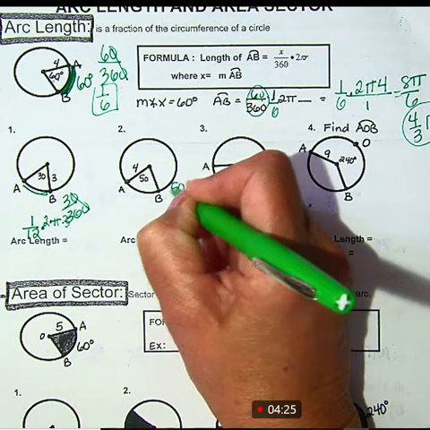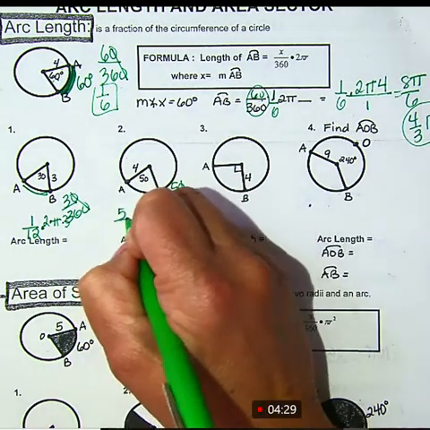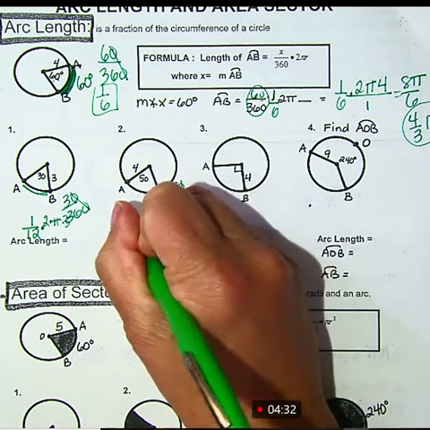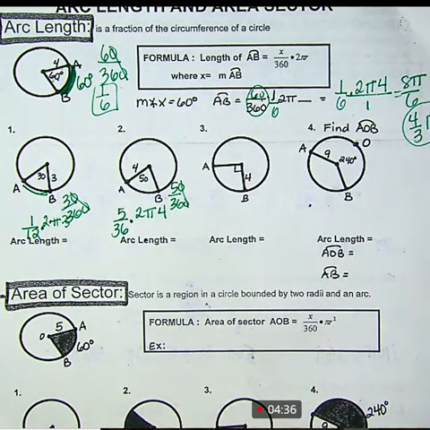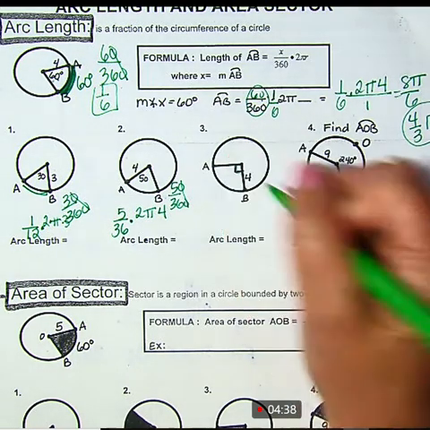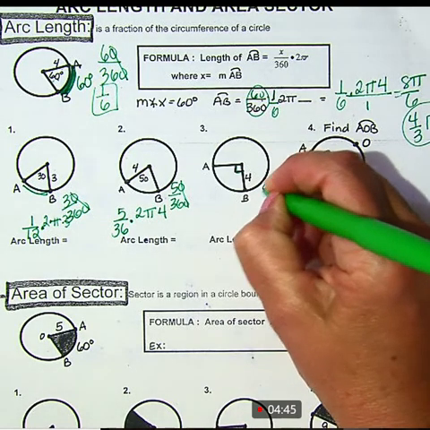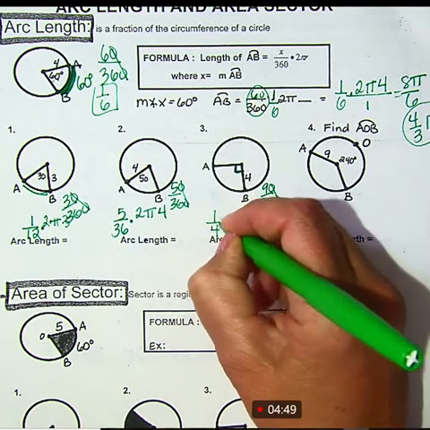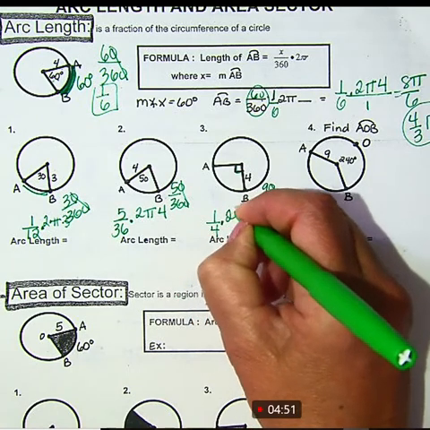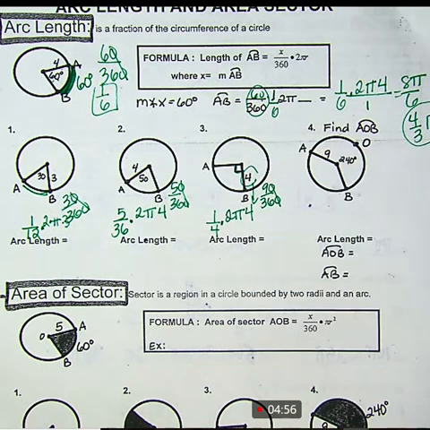This fraction is 50 over 360. 5 doesn't go into 36, so it's 5/36 times 2 times pi times 4. This one is 90, or if you look at that, does it look like 1/4 of the circle? And it is, because 90 divided by 360 is 1/4. So 1/4 times 2 times pi times 4, because my radius is 4. I'm just plugging in my radius.